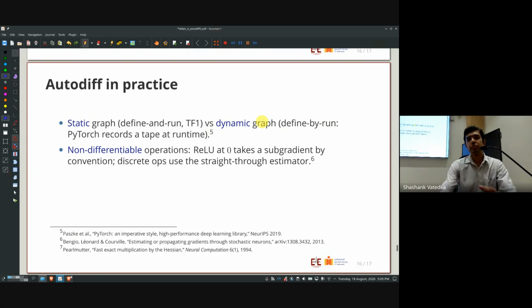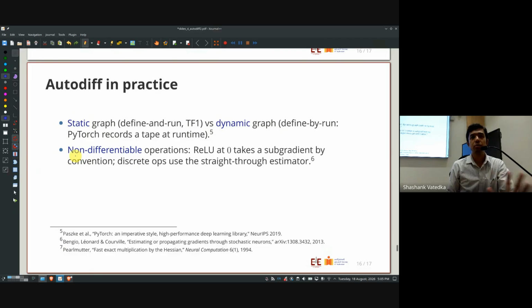So in essence, PyTorch is a library that allows you to perform operations on tensors. Automatic differentiation is one primary such operation, but there are a lot of other built-in operations that you can do.